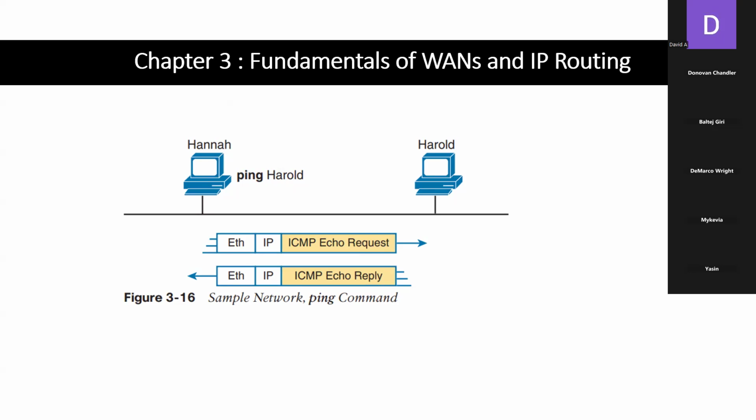Sending a message called an ICMP echo request to another IP address, and that computer with that IP address should reply with an ICMP echo reply. If that works, you have successfully tested your network. You have IP connectivity, or network connectivity.